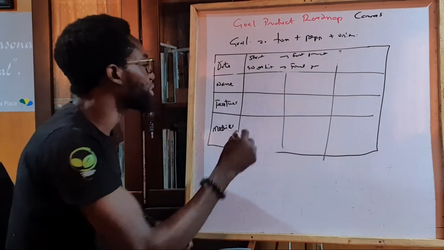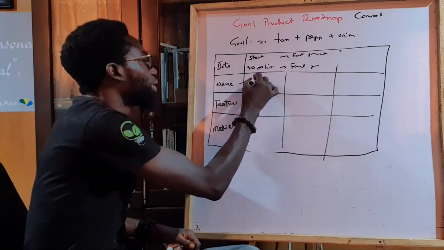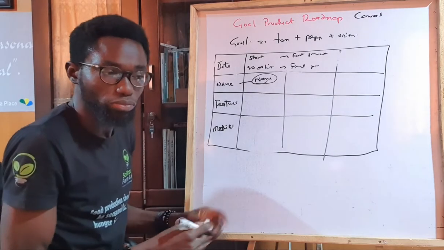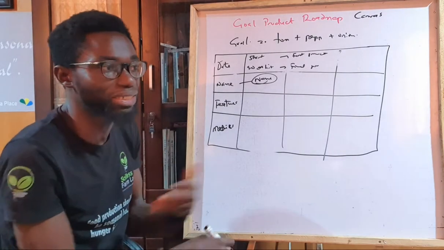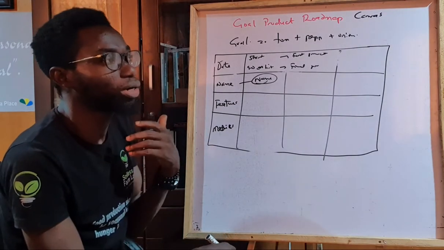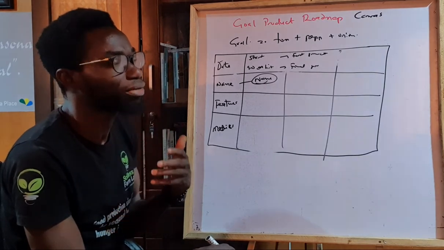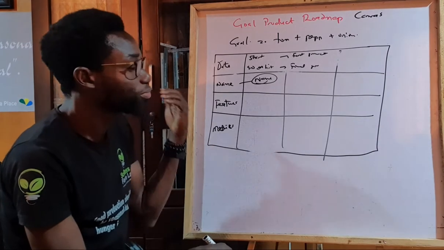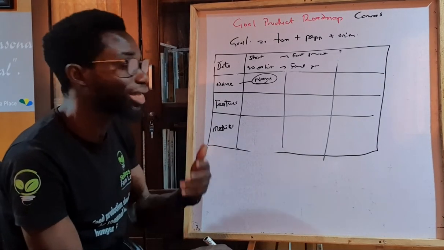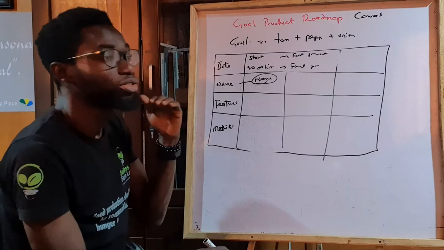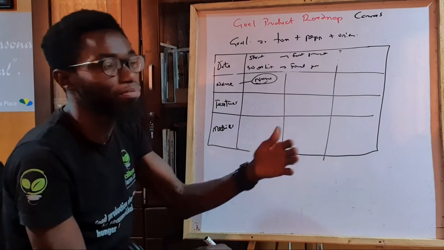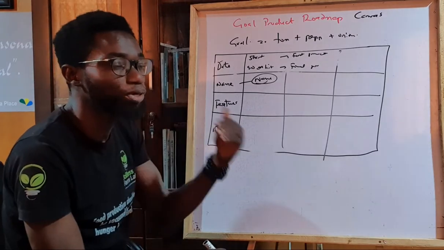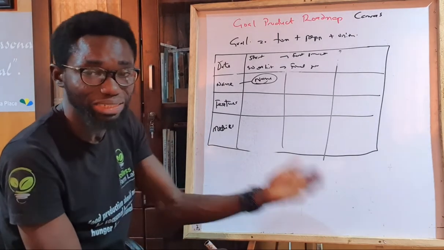Then number two is, in your product development, have you thought of a name for the product? What are you going to call it? It's important that you give a name that to a large extent conveys the meaning of the product. However, courtesy of what we call brand awareness, it is possible today to name a product a name that has nothing to do with what the product does, and yet people are able to identify with the name.